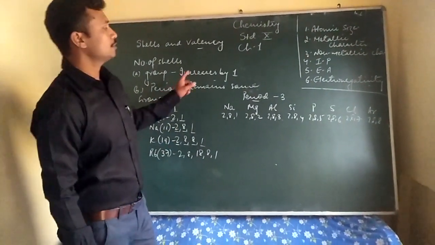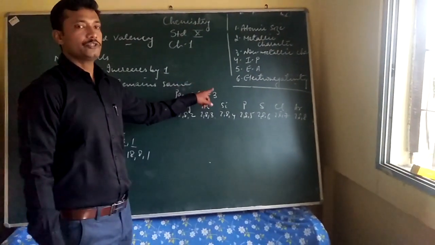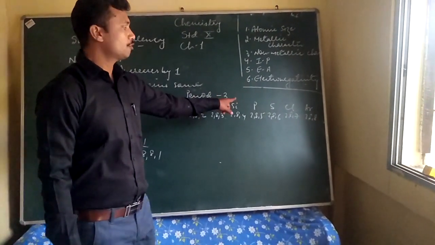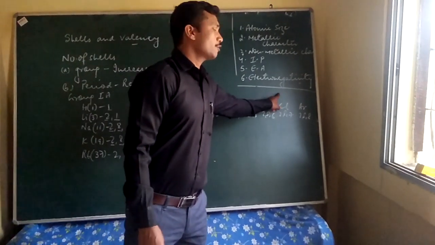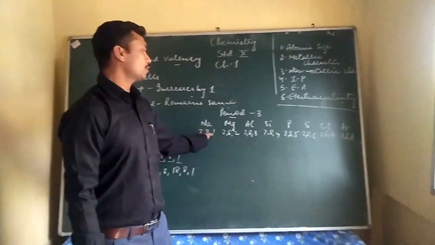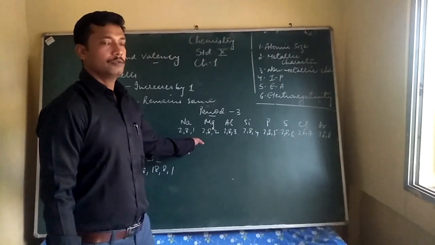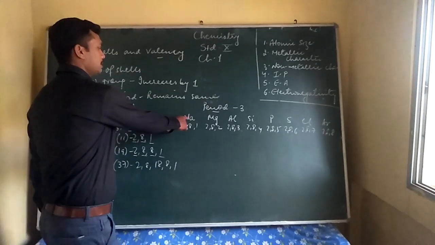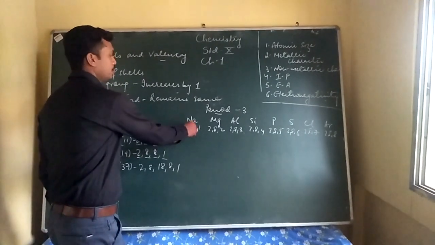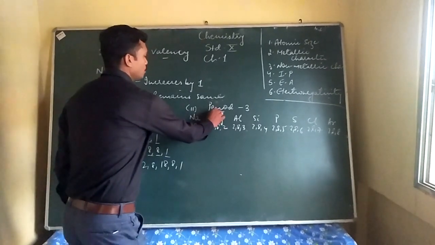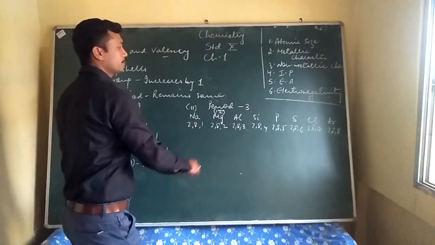Now coming to the period, period number 3, where the elements are sodium, magnesium, aluminium, silicon, phosphorus, sulfur, chlorine and argon. When you write the electronic configuration for all these elements, sodium has electronic configuration 2,8,1 because the atomic number is 11. Magnesium is 2,8,2, atomic number 12.